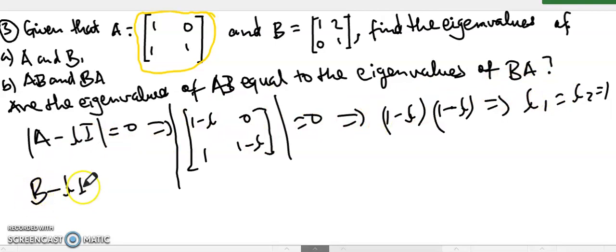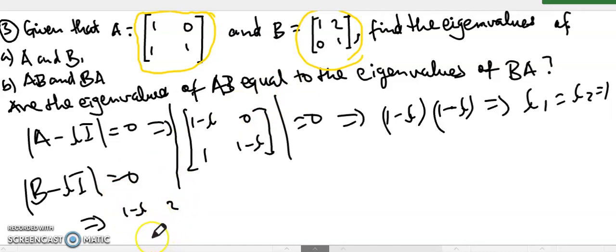B minus lambda I equals 0. Now we need to solve for this equation using this matrix. This implies that we have 1 minus lambda, then 2, then 0, and then 1 minus lambda. This must be equal to 0 when we solve for the determinant.